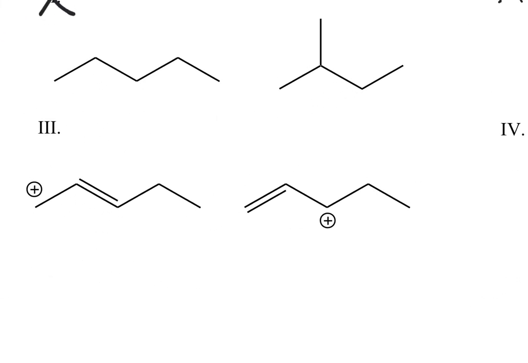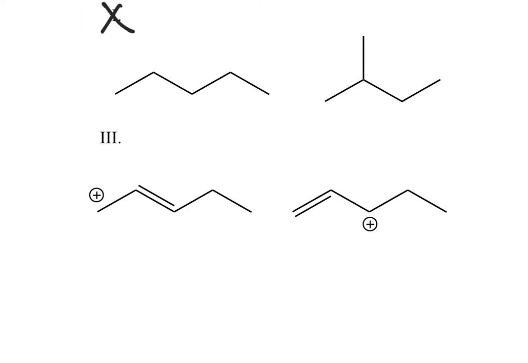Now down here, these are different. So let's see. We have a pi bond that is connected to that positively charged carbon, and so it's conjugated. I could move the double bond over there, or the pi electrons, creating this double bond.